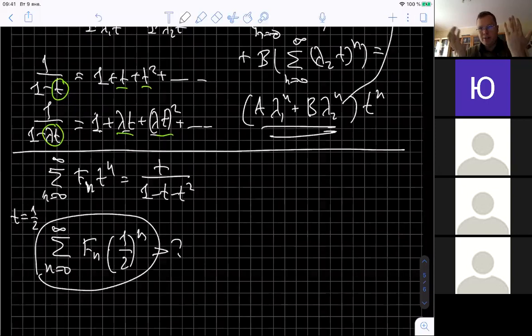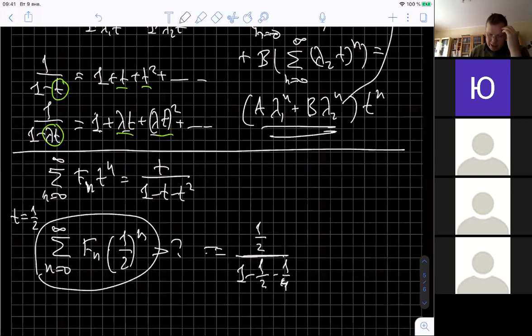So we can find the sum of F n times 1 over 2 to the nth power. And it will be equal to 1 over 2 over 1 minus 1 over 2 minus 1 over 2 squared, so it will be 1 over 4.